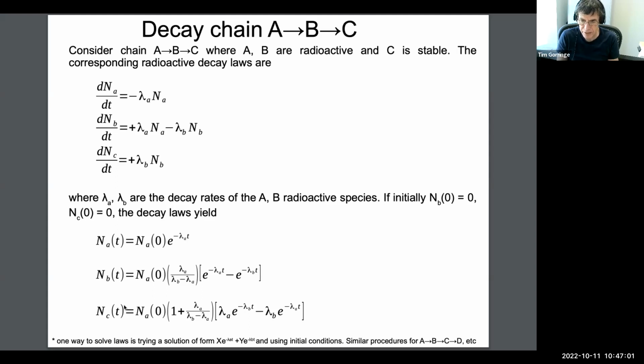So all these populations can be built out of those time dependencies. Those time dependencies can be multiplied by some coefficients, and there would be different coefficients for the population of atom A, atom B, and atom C. Using the boundary conditions, you can figure out what those coefficients are. And that's how these equations were solved.